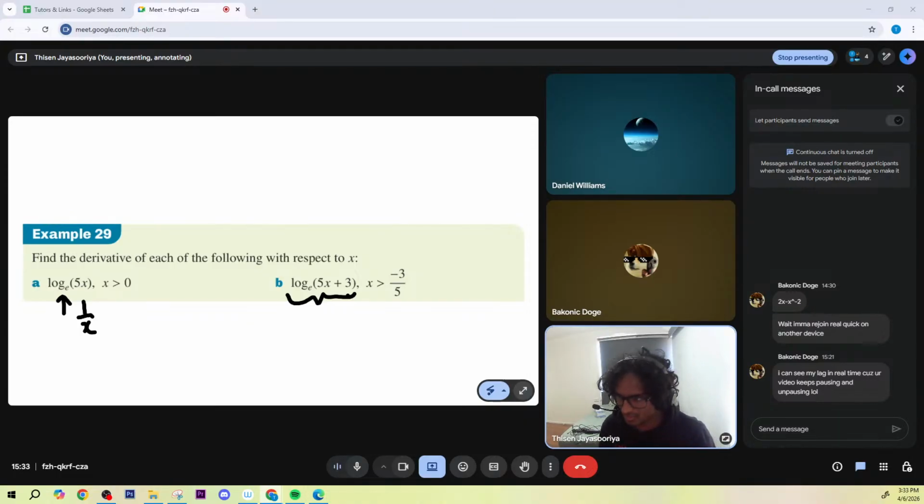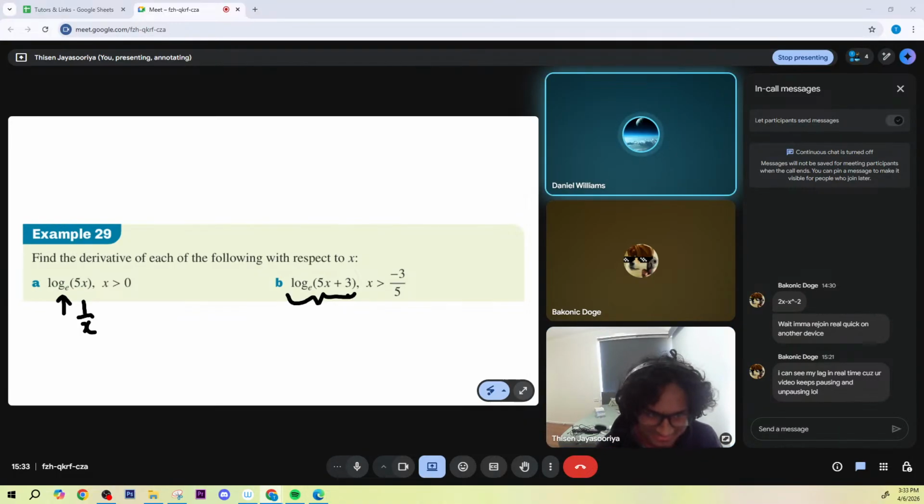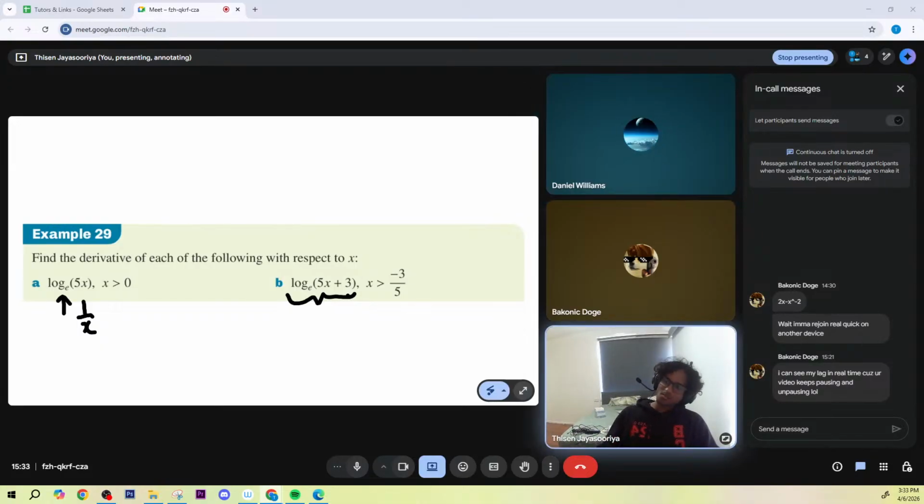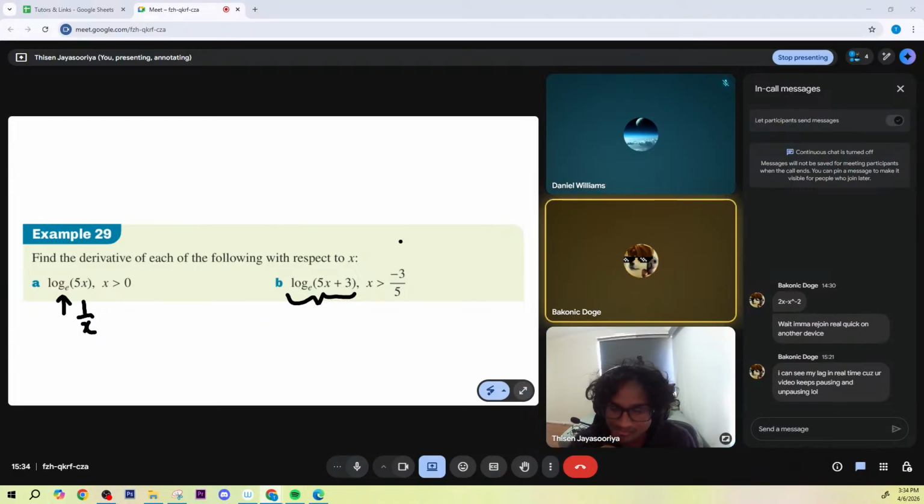It's not my data book. We can use the chain rule.